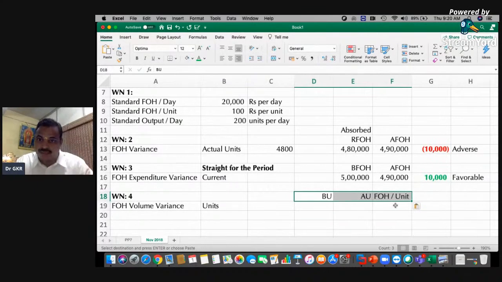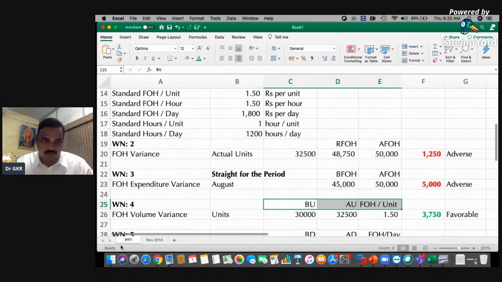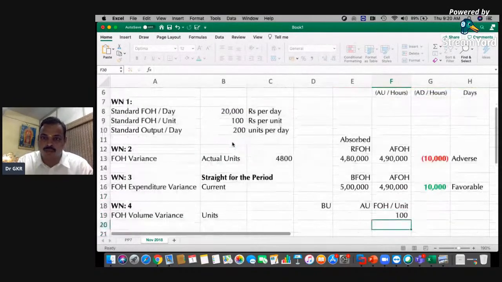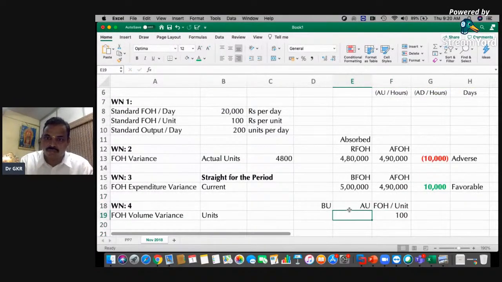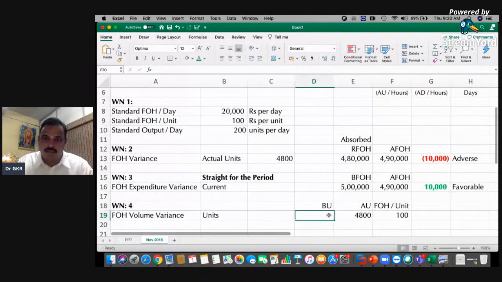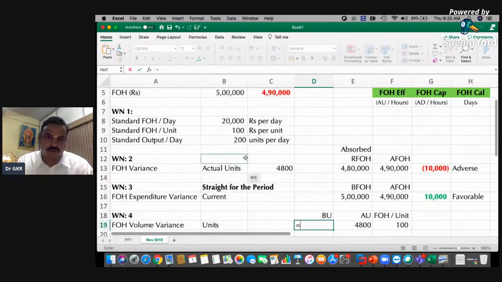So what is your fixed overhead per unit? Fixed overhead per unit is 100 rupees per unit. What is your actual units? You have manufactured 4,800, but your budgeted units is 5,000.